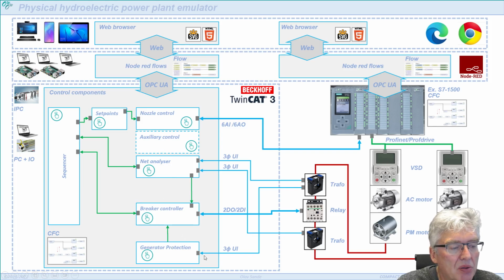We have a breaker controller, a generator protection controller, and so on. And then we have a sequencer to start this in sequence: run up to idle, do synchronization, close the breaker, and so on. And here too is local operation, which could use Node-RED flows, for instance, and a web browser for operation.